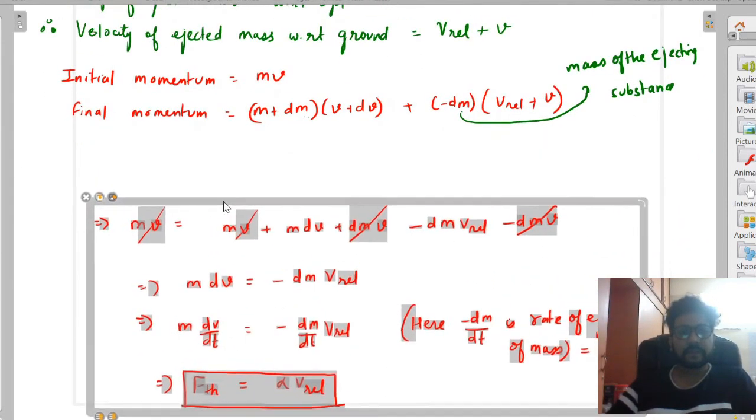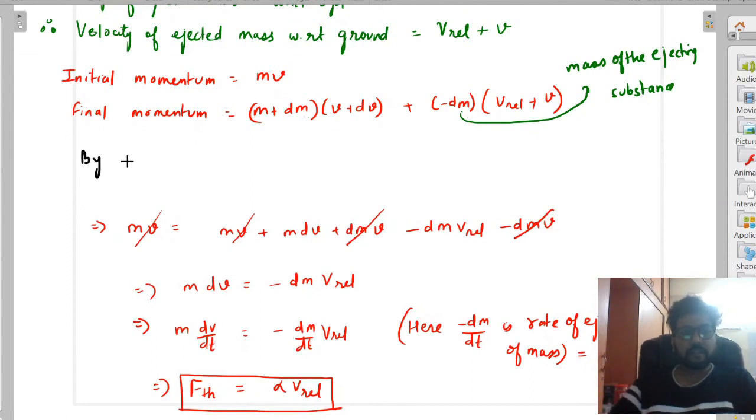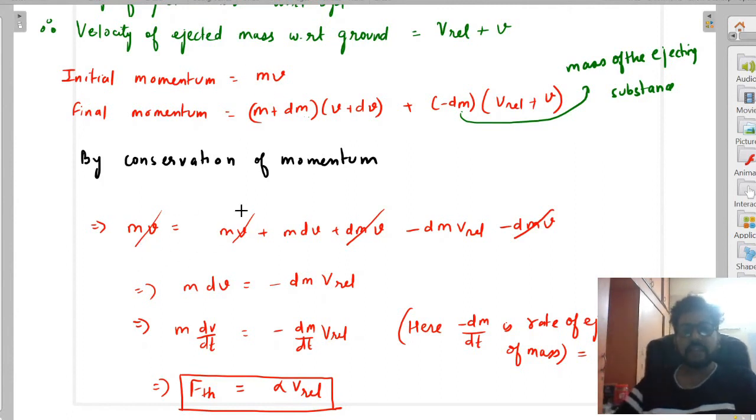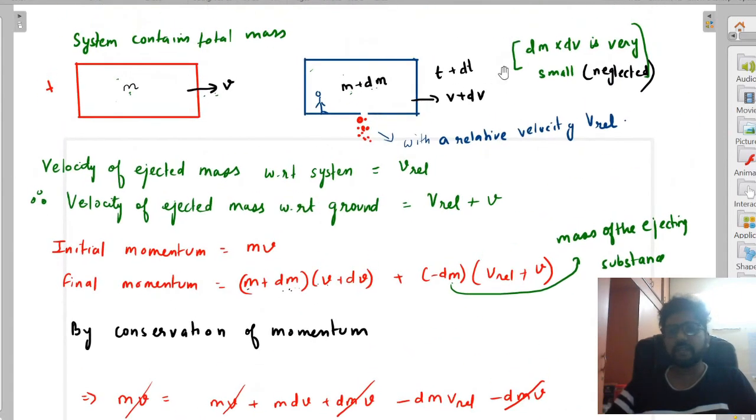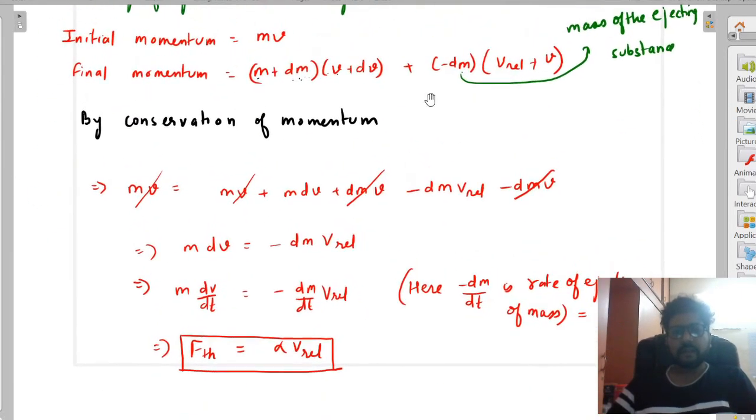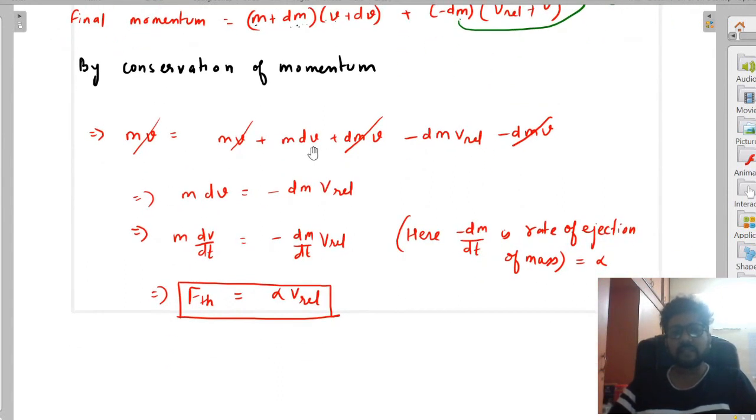By conservation of momentum, the initial momentum is mv, and the final momentum is mv plus v dm plus m dv plus dm dv, but dm dv, as I already told you, we will neglect, minus dm v relative minus dm v. You will see that dm v gets cancelled, mv gets cancelled. From this you will get m dv is equal to minus dm v relative.